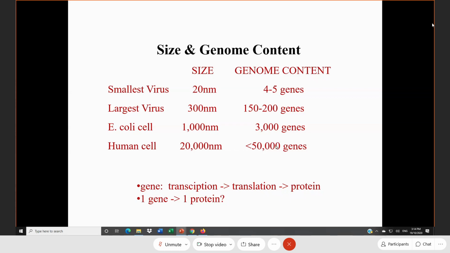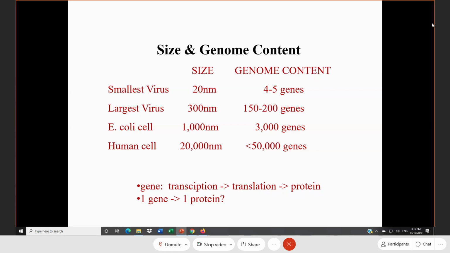Do you understand transcription and translation? What is a gene, transcription, translation? Transcription is like you convert the DNA into mRNA. It's not really conversion; they actually produce mRNA based on the template, based on the coding system.